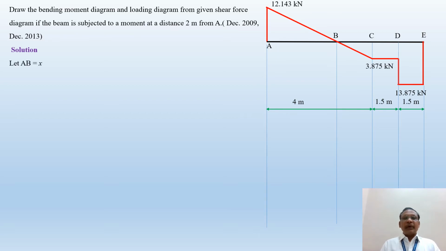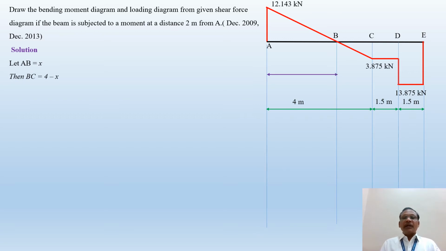Solution. First of all, let us locate the position of the zero shear force, because at this point you will get the maximum bending moment. So by using the law of similar triangles, I am going to consider this distance as x and the remaining is 4 minus x. So AB is considered as x, so BC becomes 4 minus x.